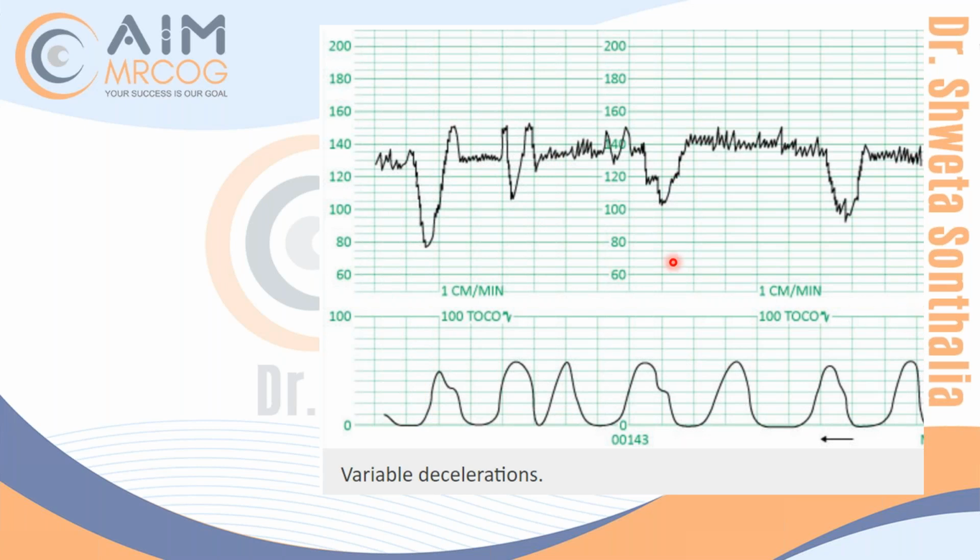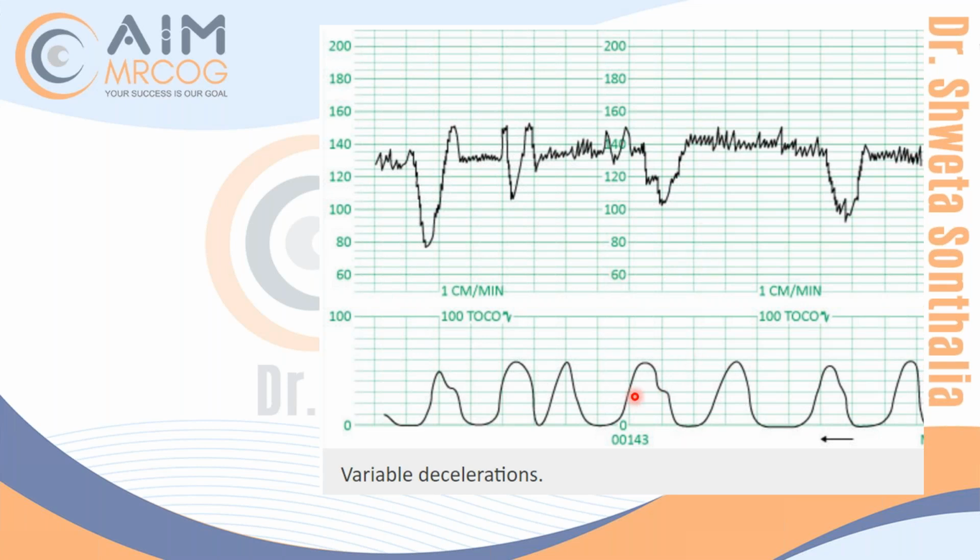So we are the ones who know the difference. Then only we can pick out the difference, because we know that sometimes variable will come even with contractions, and then it will become deeper and deeper and deeper. It will become more concerning in features. But a midwife, if she doesn't know that, will keep labeling it as early, because she doesn't understand the difference. She understands only with contraction.